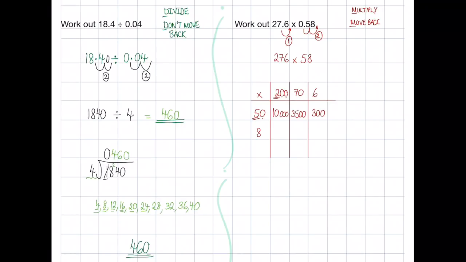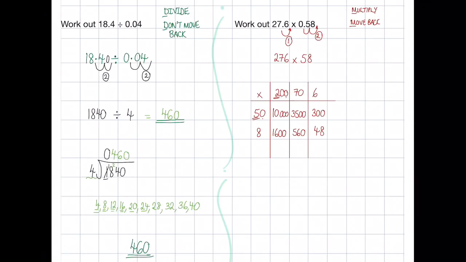Then I'll do this bottom one here. 6 multiplied by 8, 48. 70 multiplied by 80, I could do 8 times 7, which will give me 56, and then add the 0 in there, and 200 multiplied by 8, or I could do 2 multiplied by 8, which will give me 16, and then 2 zeros.